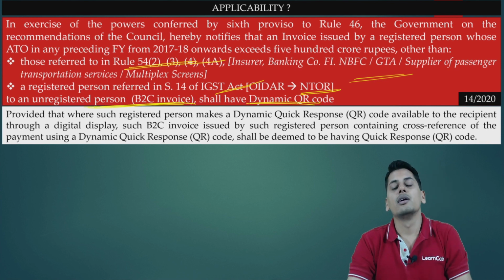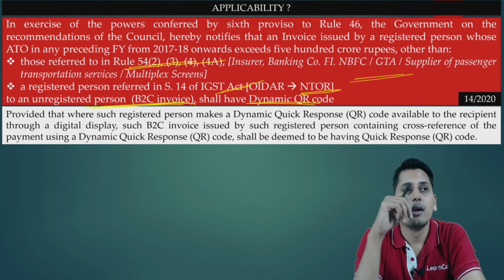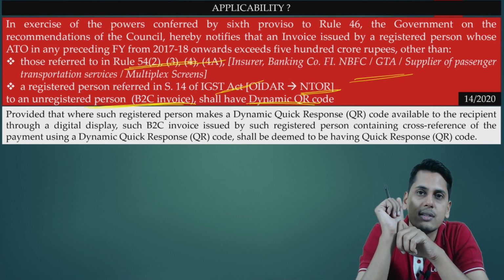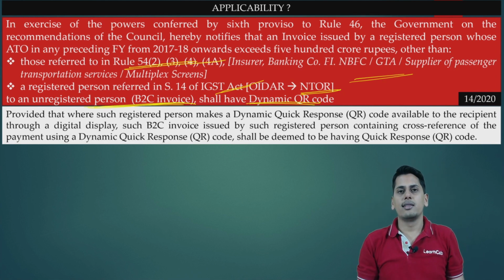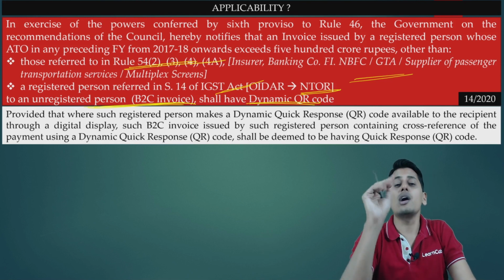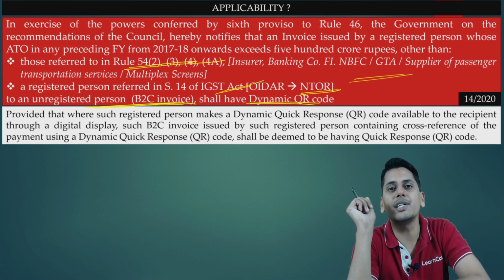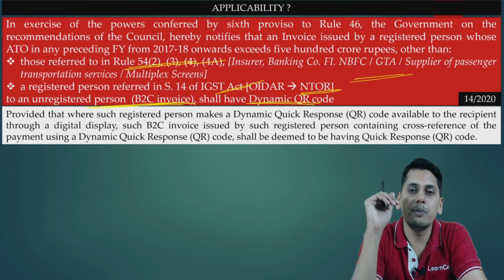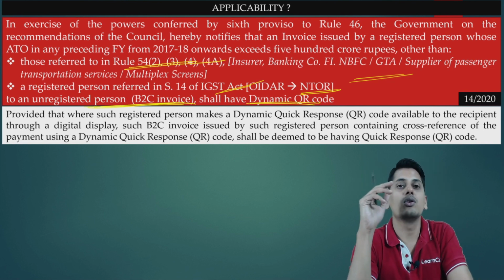Now friends, you might have noticed that it is not always that these dynamic QR codes are printed on the invoice. There could be a case where there is a dynamic QR code, but it is not available on the invoice. It is shown as a digital display. Let's suppose you go to a mall, you go to a shop, you carry out the shopping, and after it is done, you go to the billing.